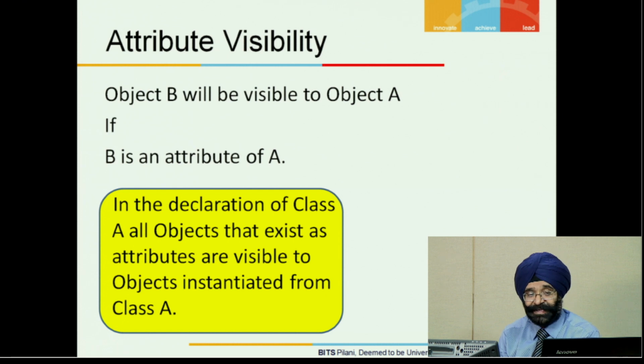So you have a class A, an instance of class A is object A. Within class A, you have an attribute. That attribute is an object of class B, so we call it object B. By virtue of its being instantiated as an attribute in A, it becomes visible to A.